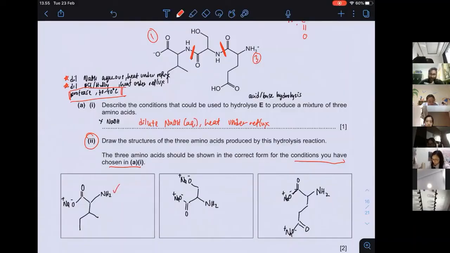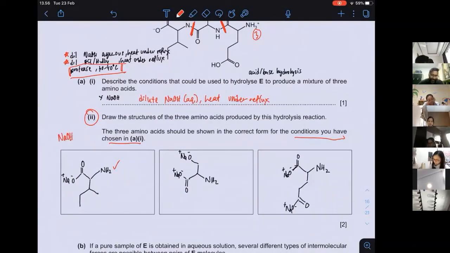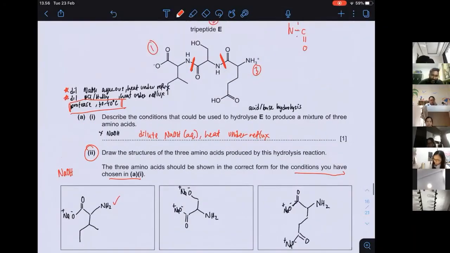Once you have this amine, when you react with sodium hydroxide, do remember sodium hydroxide does react with this carboxylic acid group. So they will react, and the Na will join in. So the Na plus will come over here. You are going to get this salt.